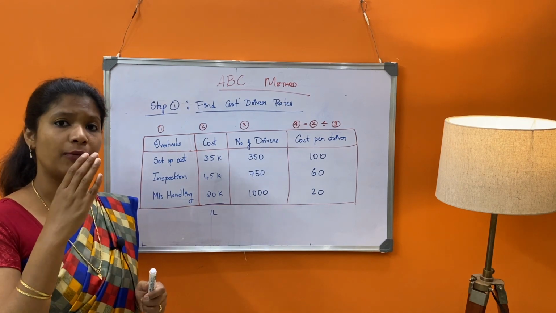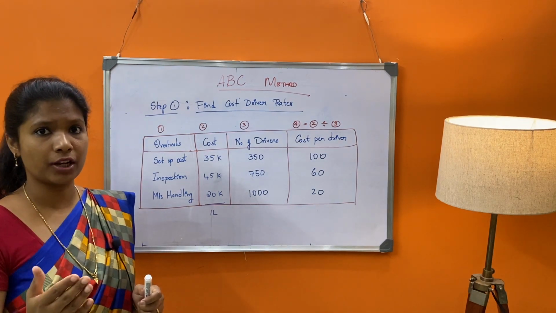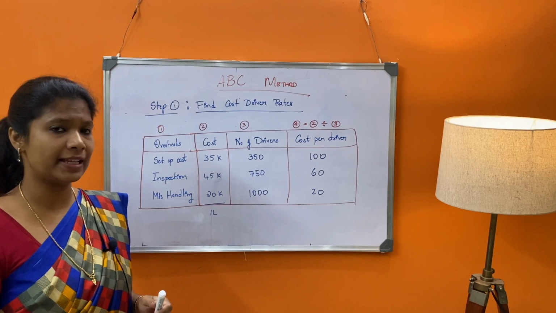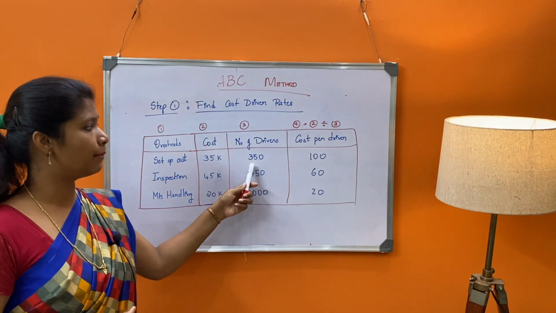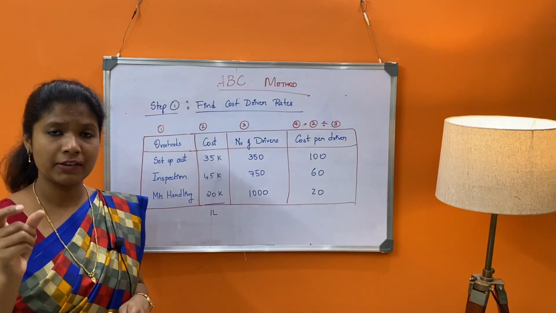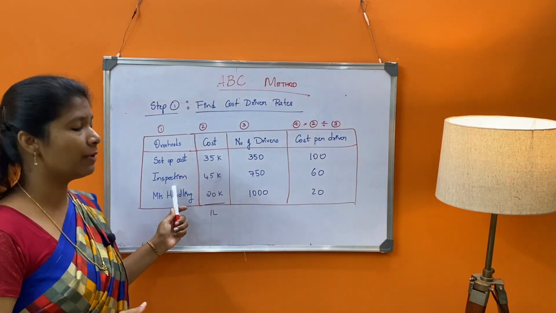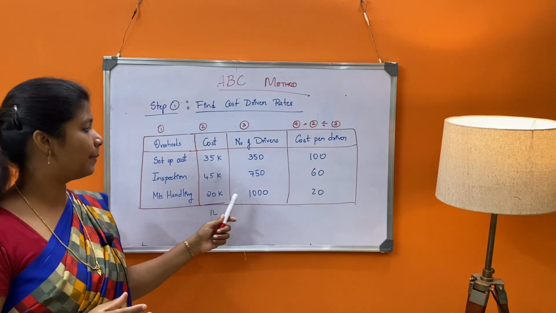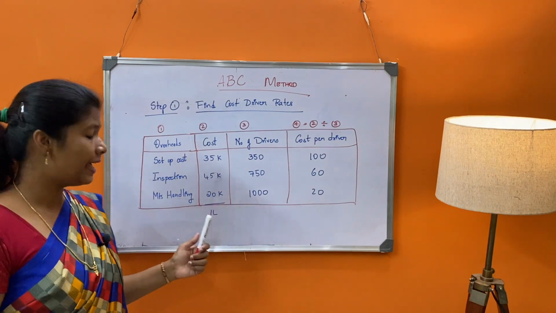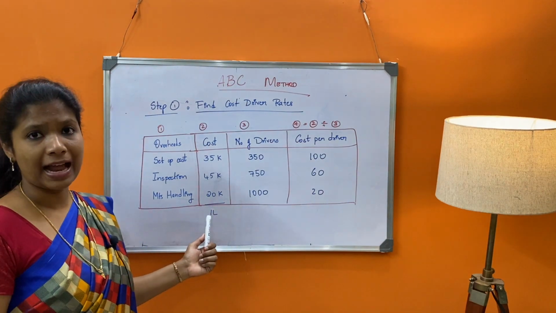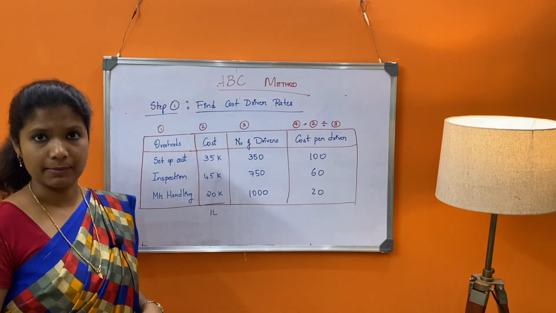So for product A plus product B, the total number of setups comes to 350. In the question itself, they've given you the total in the fourth column. Inspection, how many times did it happen for the entire company? 750 times. And the goods movement or material handling was 1000 times.